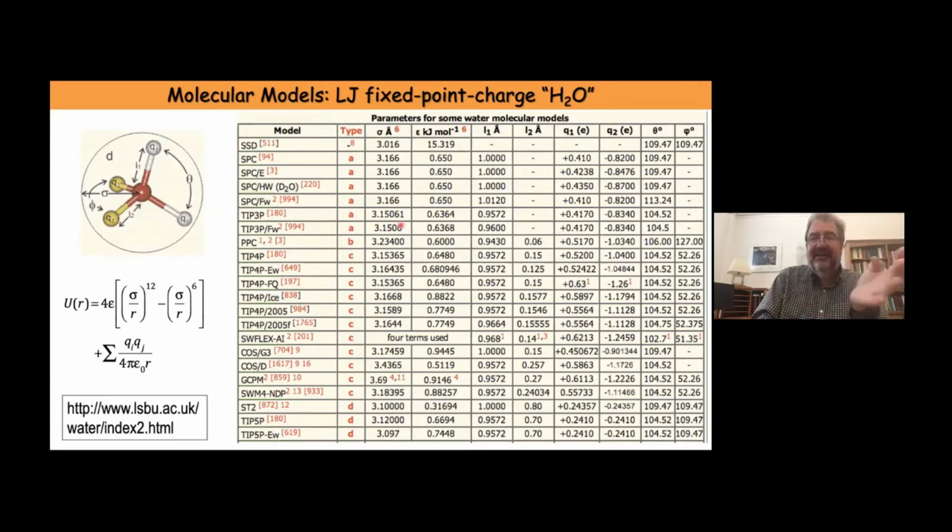These models all fall in the category of fixed point charge water models with the Lennard-Jones description of the van der Waals interactions, of the repulsive interactions and the long-range van der Waals. And they contain most of the workhorse water models that we have.